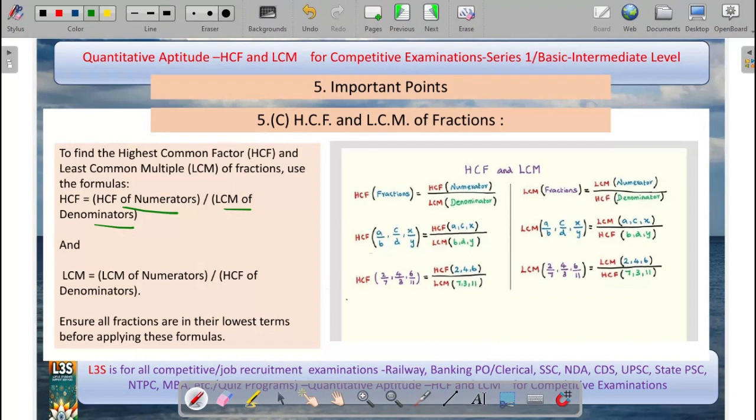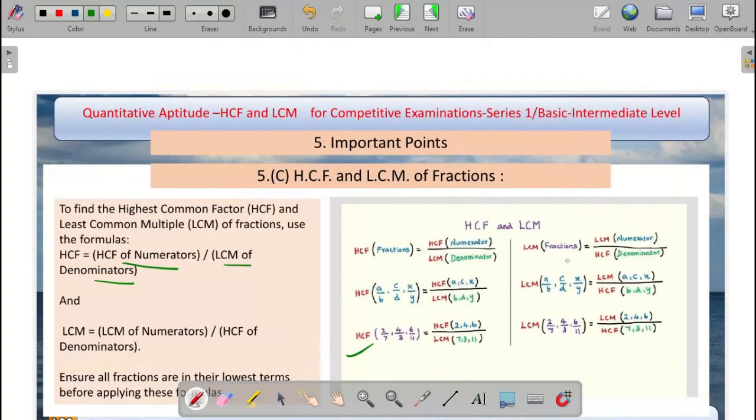Here for example, take 2 by 7, 4 by 3 and 6 by 11. Numerators are 2, 4, 6, denominators are 7, 3, 11. So the HCF is the HCF of 2, 4, 6 divided by the LCM of 7, 3, 11. The LCM will be the LCM of 2, 4, 6 divided by the HCF of 7, 3, 11. Whatever result we get will be the final answer.